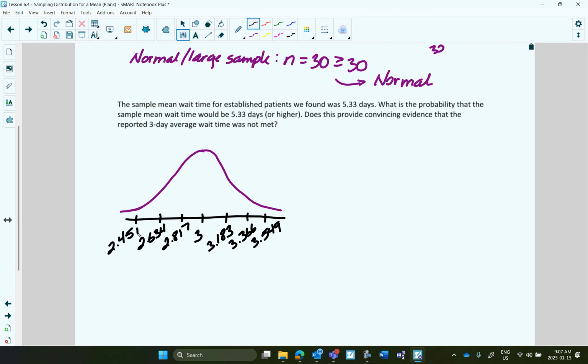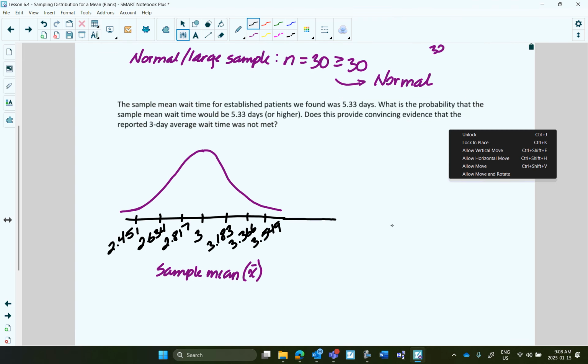And remember, this represents the sample mean, X-bar. This is the sampling distribution. It's not the population distribution. So we want to know the probability of getting 5.33 or even higher. Hopefully you can see that 5.33 is way to the right of this curve.